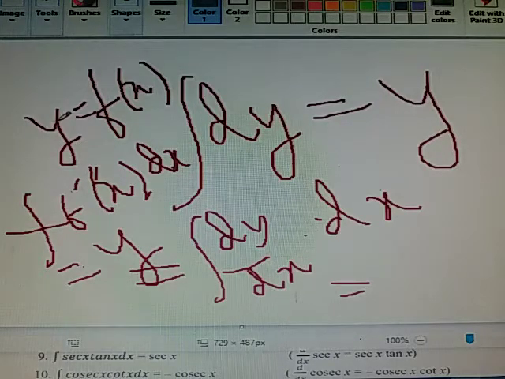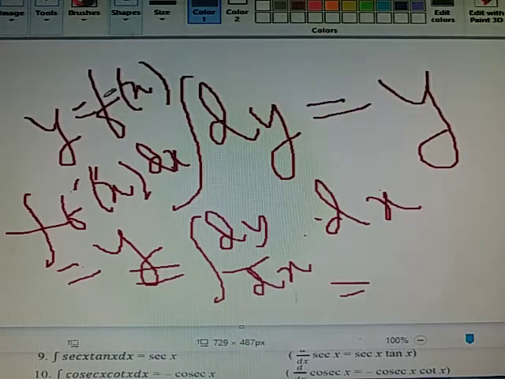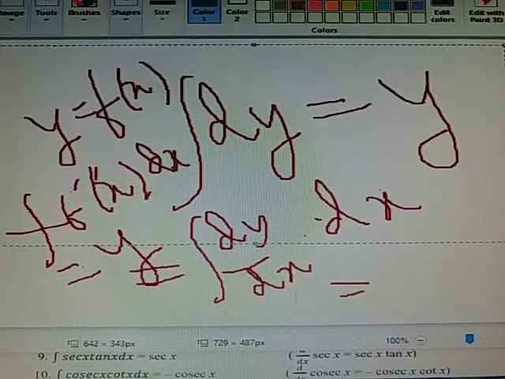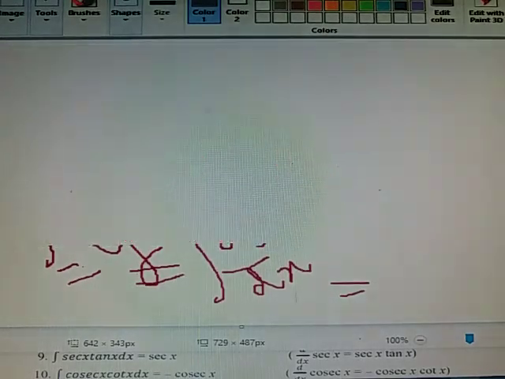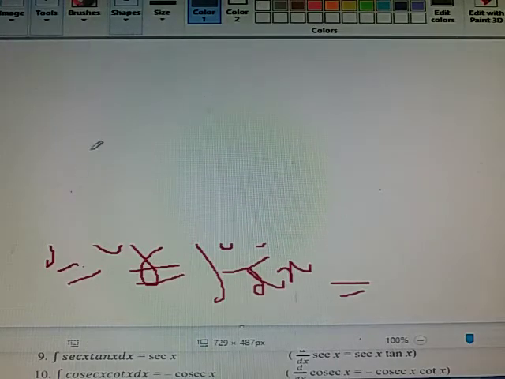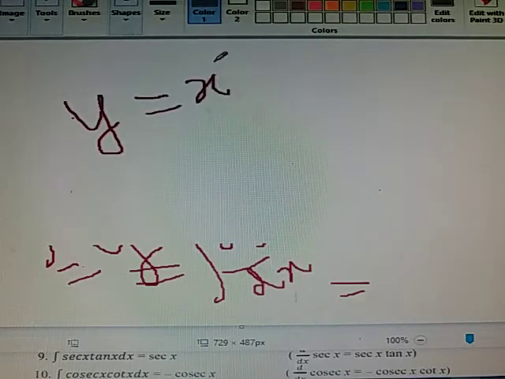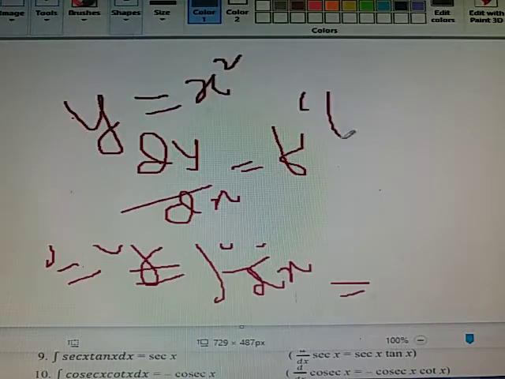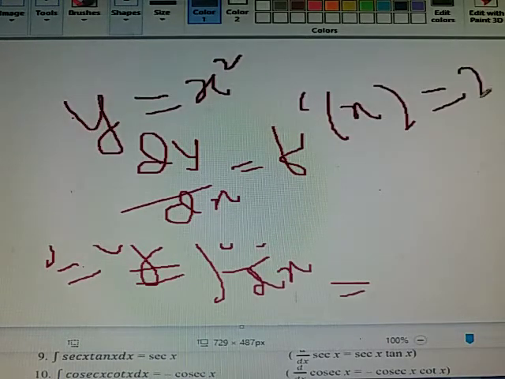So we say integration is the reverse process of differentiation. Let me show some examples. If y is equal to x square, then dy dx is equal to f dash x, and f dash x is twice x.